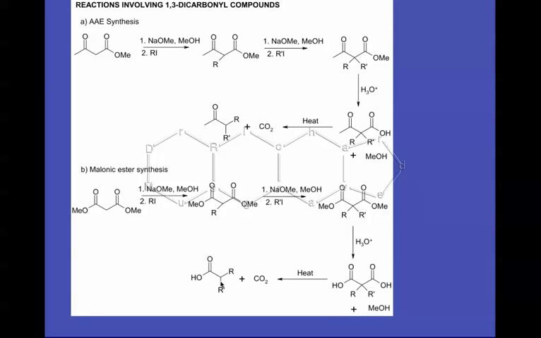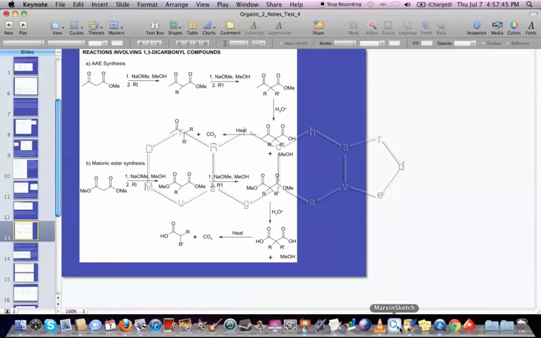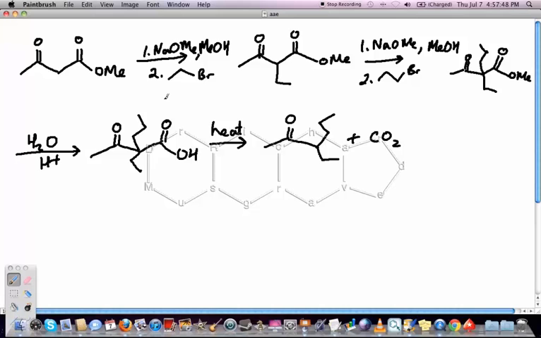Alright, so let me take you through an AAE synthesis step by step, and I'll show you the process as we go. So here is an example of an acetoacetic ester synthesis. You can see we end up with a methyl ketone as a product.